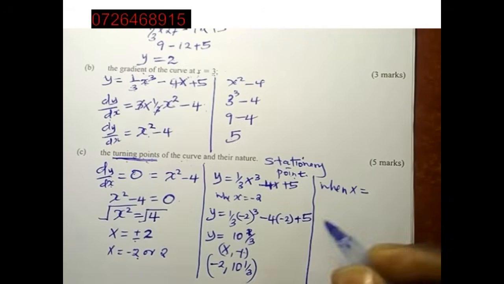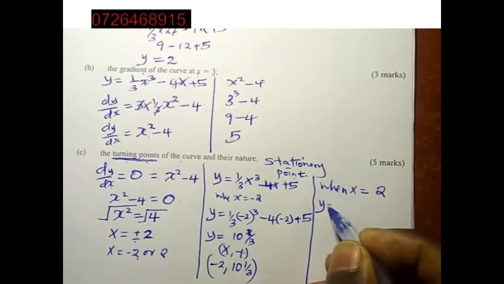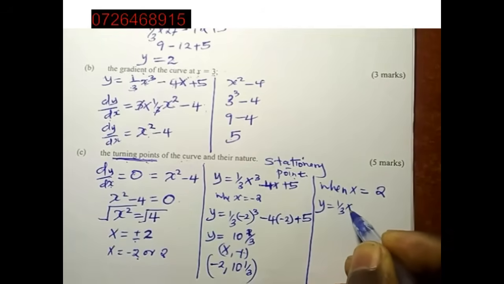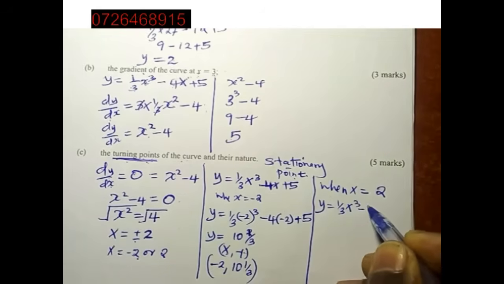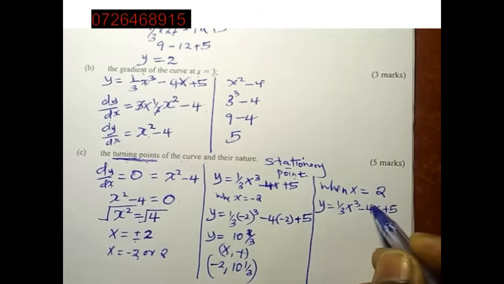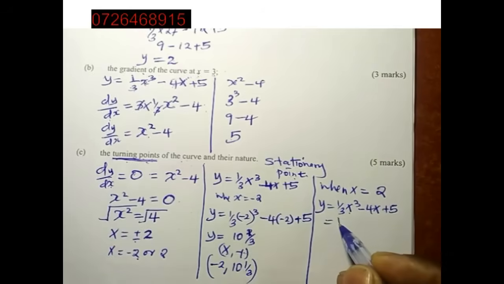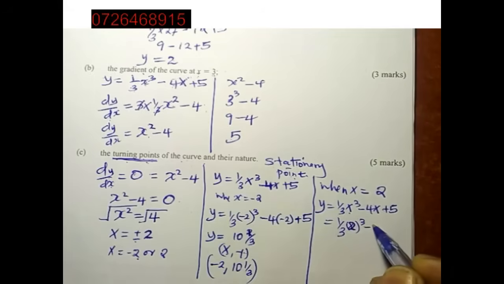And then you write that when x is equal to positive 2, what will be the turning point? So y is equal to a third x cubed minus 4x plus 5. Now substitute where you see the value of x: 1 over 3 times 2 raised to power 3 minus 4 times 2 plus 5.